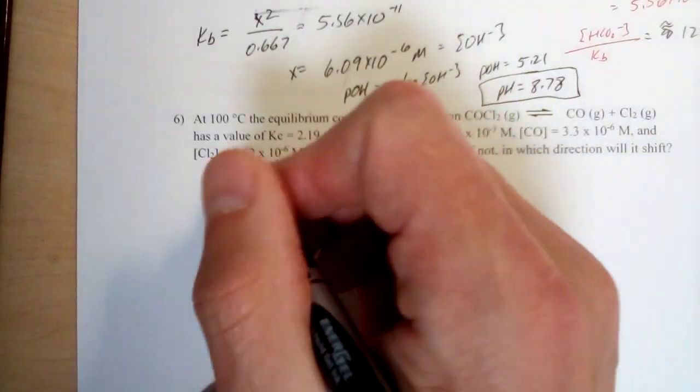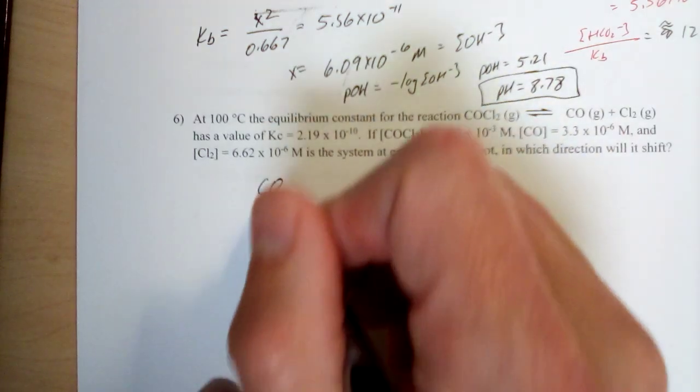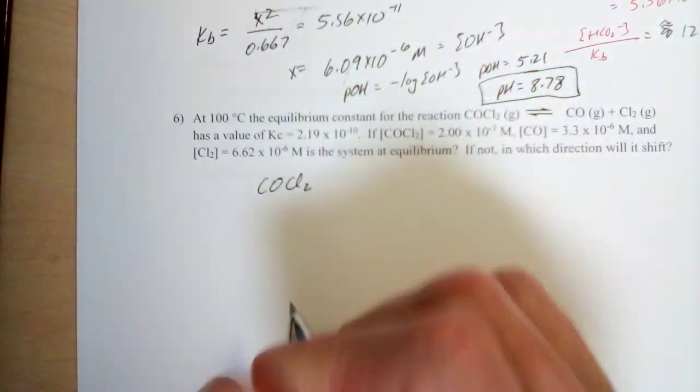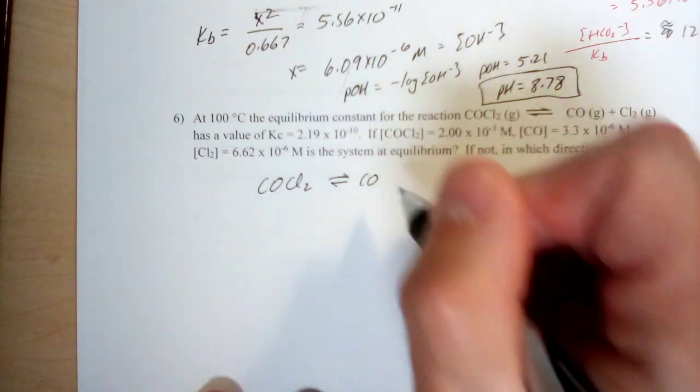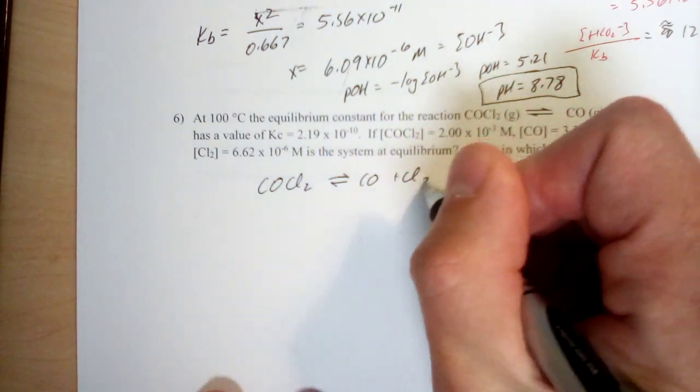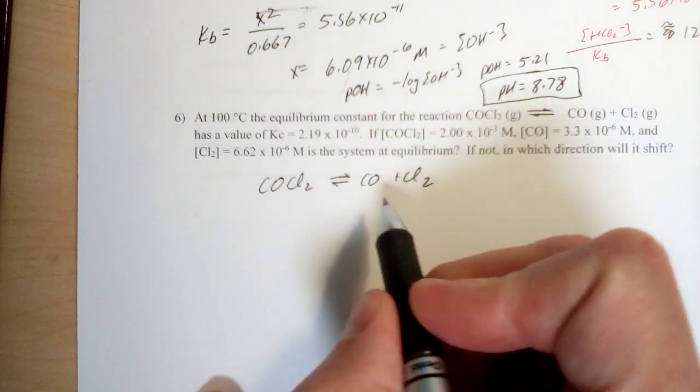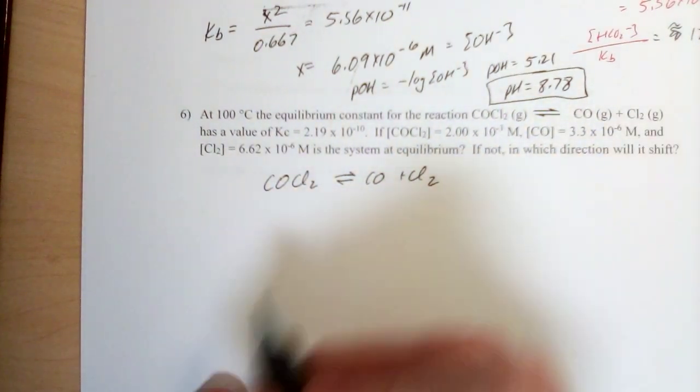So for our reaction, let me just recopy the reaction here to think about the equilibrium constant expression, Cl2. Okay, all gases, which is important, but I didn't rewrite the gases.